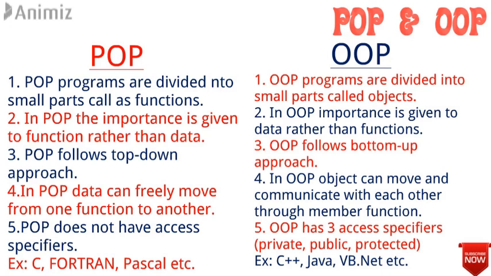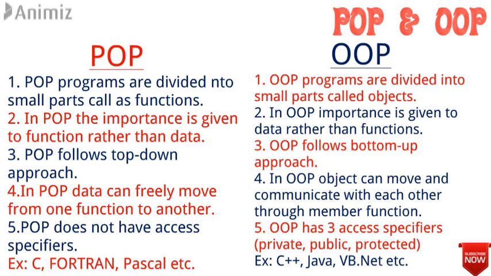Some of the examples for POP languages are C language, Fortran, Pascal, COBOL, etc. In OOP, we have advanced languages, that is C++, Java, VB.NET, JavaScript, etc. These were a few differences of POP and OOP.